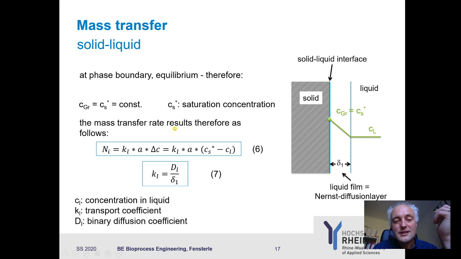And therefore, you have your driving force. It's simply the saturation concentration minus the concentration in the liquid. Then, of course, the surface of your solid-liquid interface and a transport coefficient. And this is then, at the end, the mass transfer rate. So very simple and very straightforward.